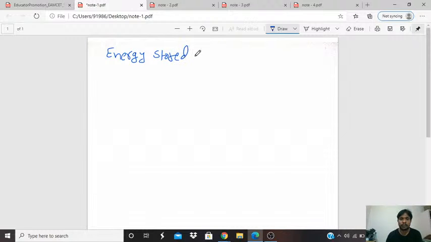Energy stored in capacitor. Generally, capacitor means what? We can take the parallel plate capacitor.